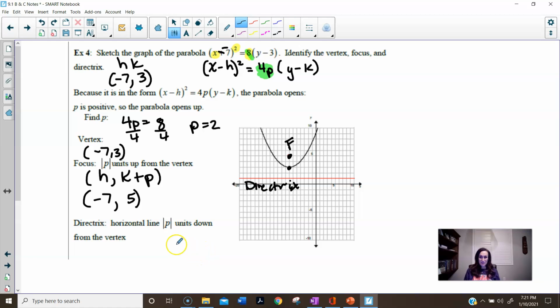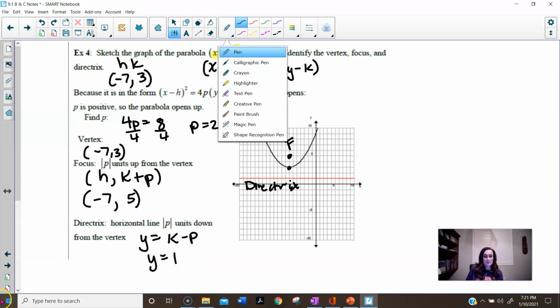The directrix is going to be y equals, because it's going to be a horizontal line, and it's going to be k subtract p. So again, k was 3, so 3 subtract 2 is 1. So the directrix is y equals positive 1.